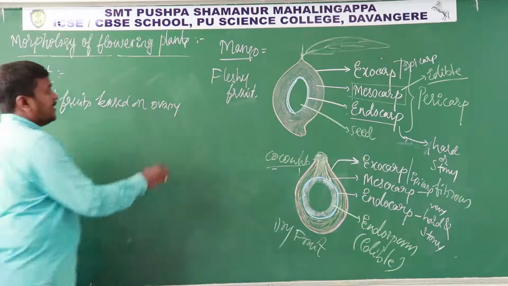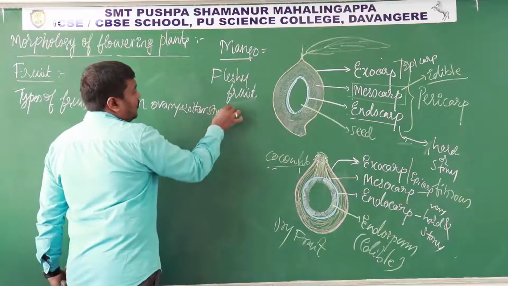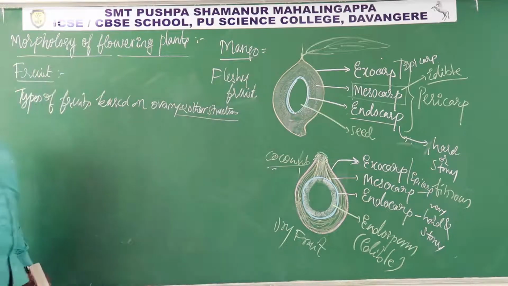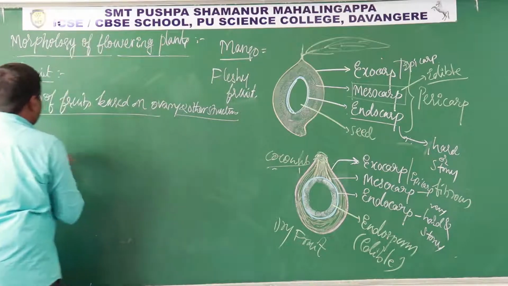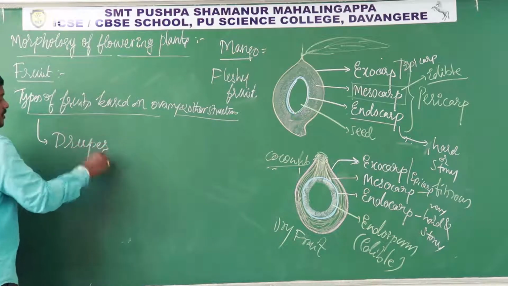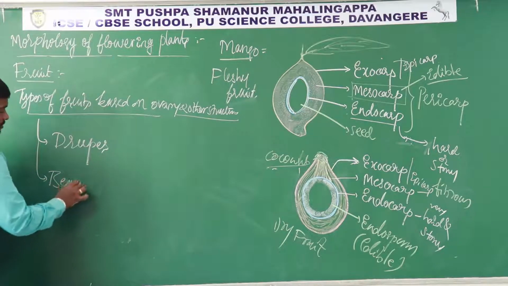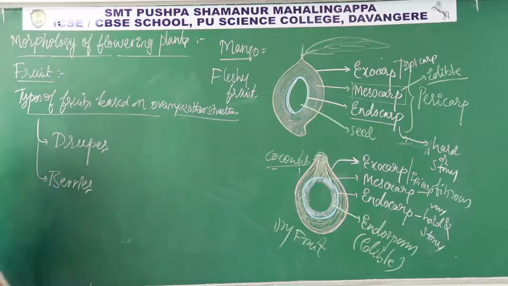Okay, so ovary and other structures, in the sense how many carpels it has and all. So fruits can be classified into drupes and berries. Okay, so let me discuss only these two, because these two are important, and few fruits we can discuss along with the families in the upcoming topics.